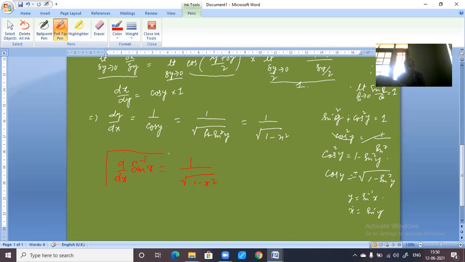Simply by ab initio we have derived it, right? Similarly, we can do it for the others like cos inverse of x, tan inverse of x, right? Thank you for today.